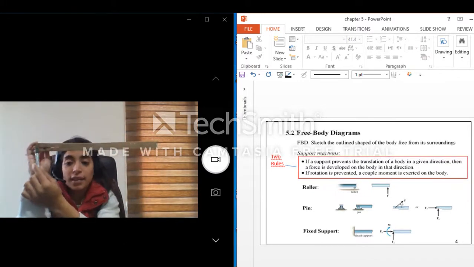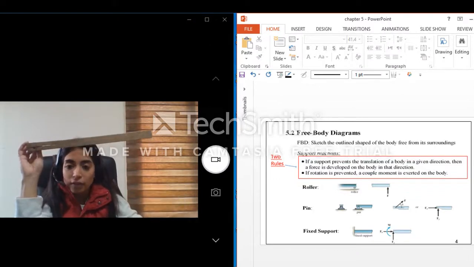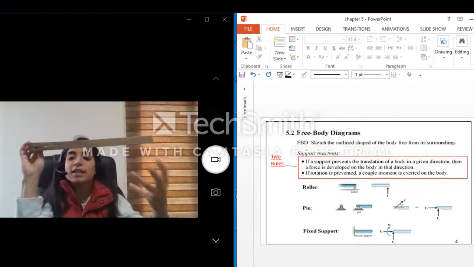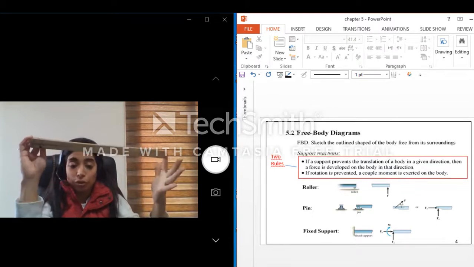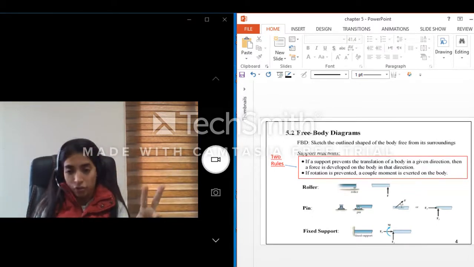Which means, guys, that this pin here cannot prevent the rotation. It can only prevent the translational motion. So that's why, guys, for a pin, I have two reactions. One is vertical and the other one is horizontal.